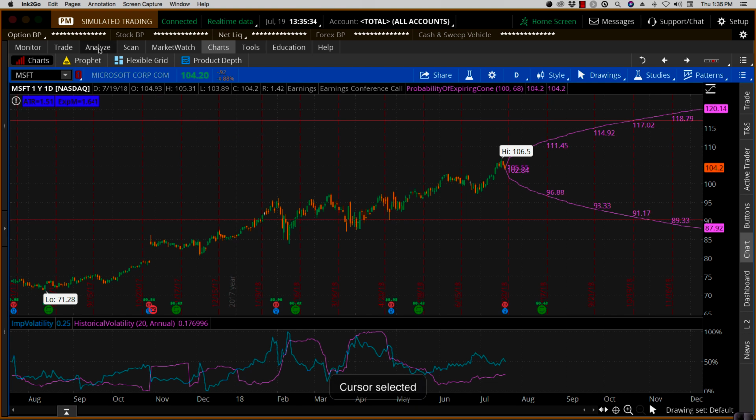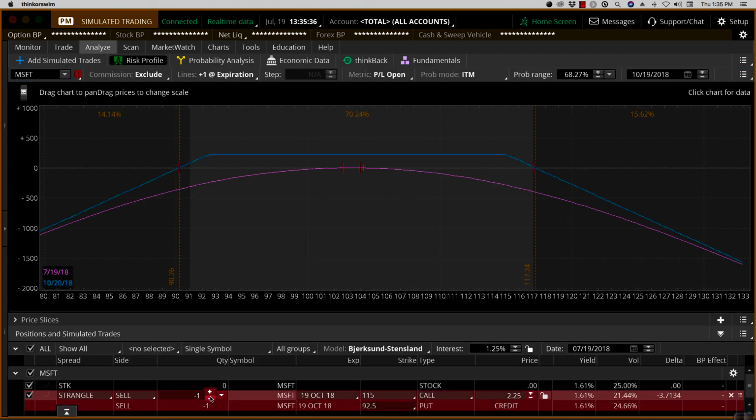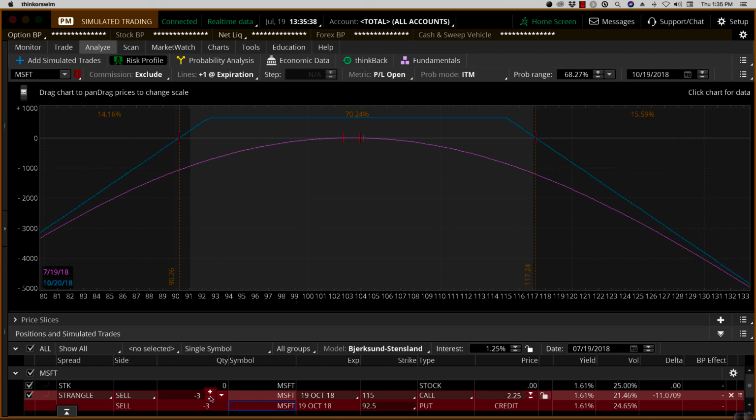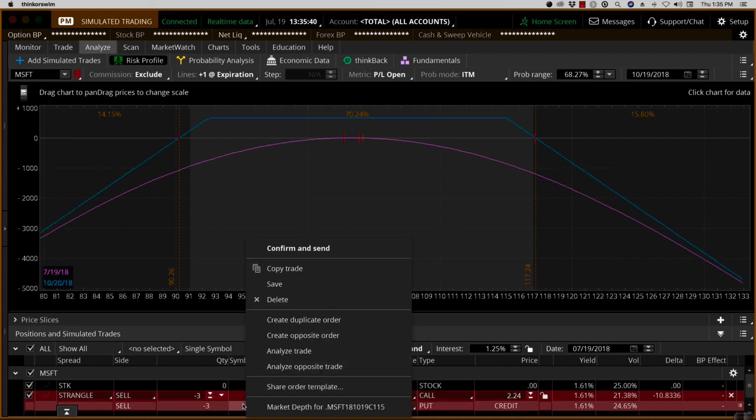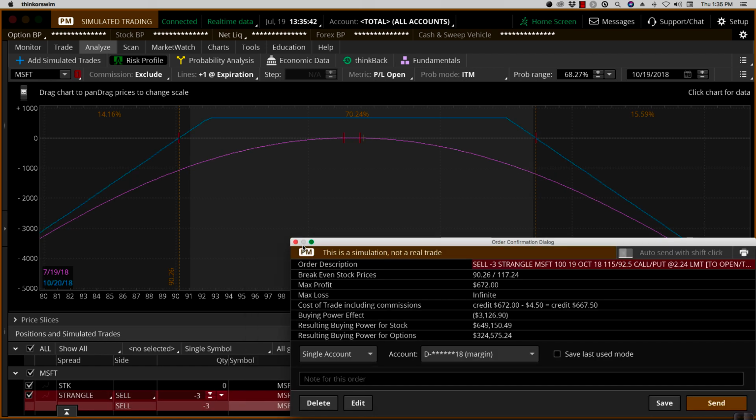But for now, I think I'll maybe do 2 to 3 contracts max. I'm going to hit confirm and send. The most I can make is $672. They're going to hold $3,126 in margin. And I'm really only shooting for somewhere between 2% to 10% ROI over the next couple of days.